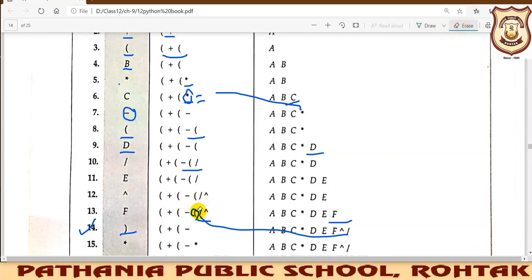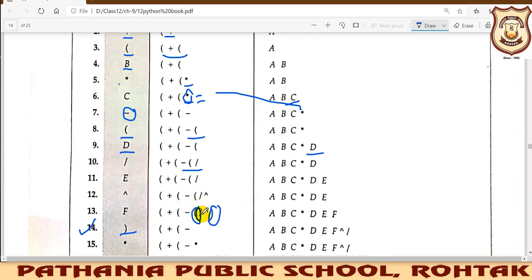Again I am telling you, please listen carefully. As you encounter the closing bracket and the bracket is complete, having been enclosed properly, whatever symbols are inside this bracket will be shifted to expression y, and these two brackets will be ignored, not shifted to expression y.